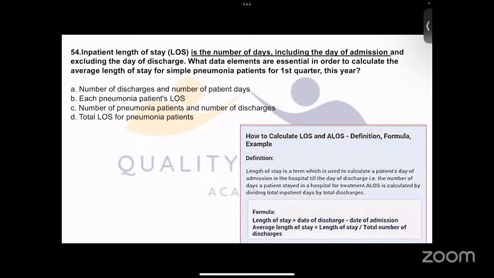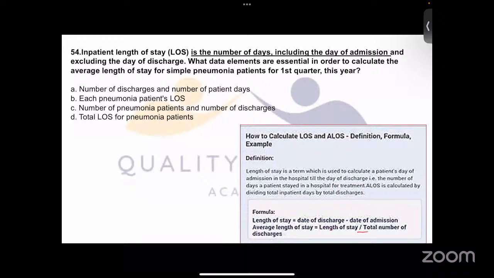Okay, what's the answer to calculate the average length of stay, or LOS? So we have the formula. Length of stay equals date of discharge minus date of admission. What about the average length of stay? It equals length of stay over total number of discharges.